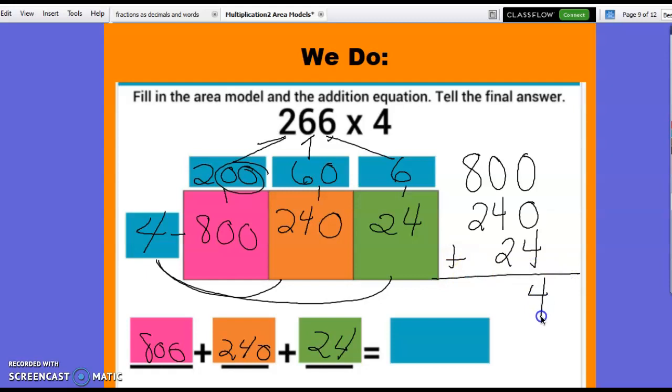And you're going to have a 4, a 6, and 8 plus 2 is 10. So your answer is 1,064. And again, this is just a review of what we were working on yesterday.